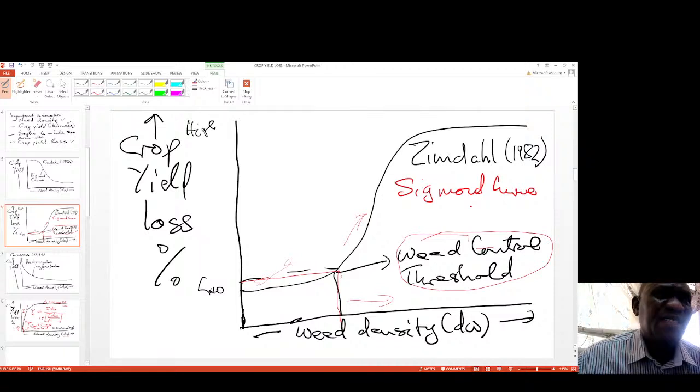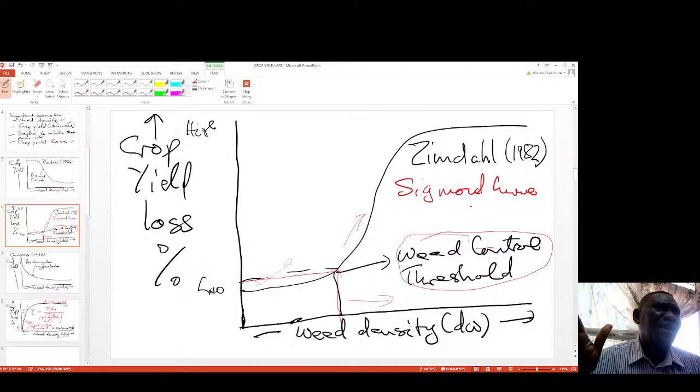So please note, there are two approaches to evaluate the effect of weed density in crops. You can use the Zimdar approach, or the Cousins approach. The two graphs are contrasting, you know, they are not the same.